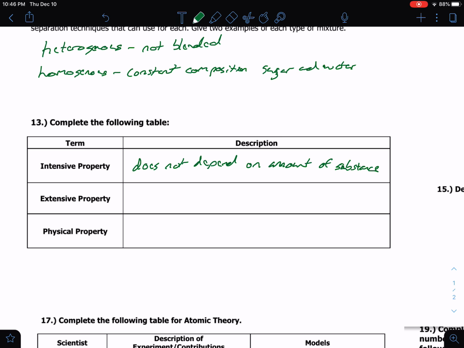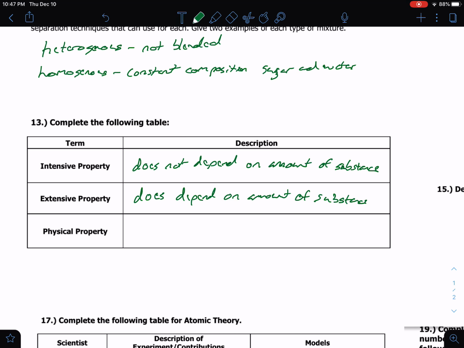Extensive does depend on how much there is, so it does depend on the amount of substance. We're going to get into examples of that in a second.